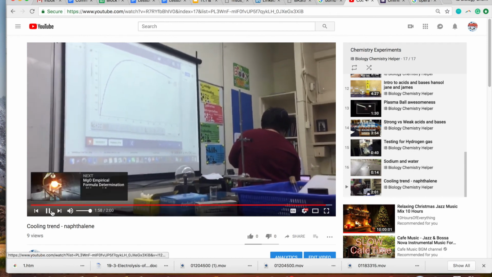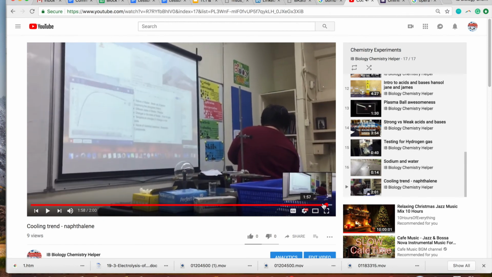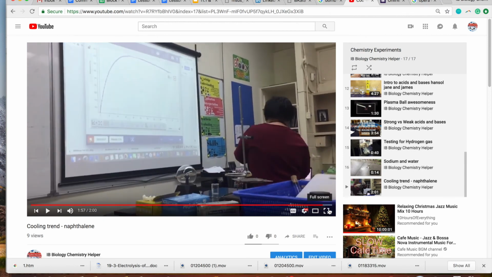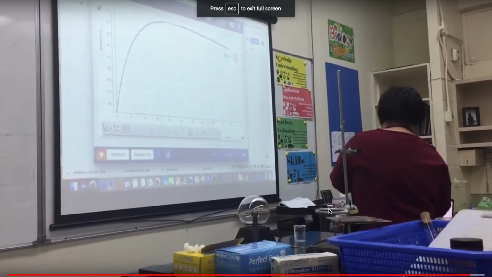Remember when I burned naphthalene balls? I burned it, and then I put the thermometer, and I monitored the change in temperature as it was cooling.